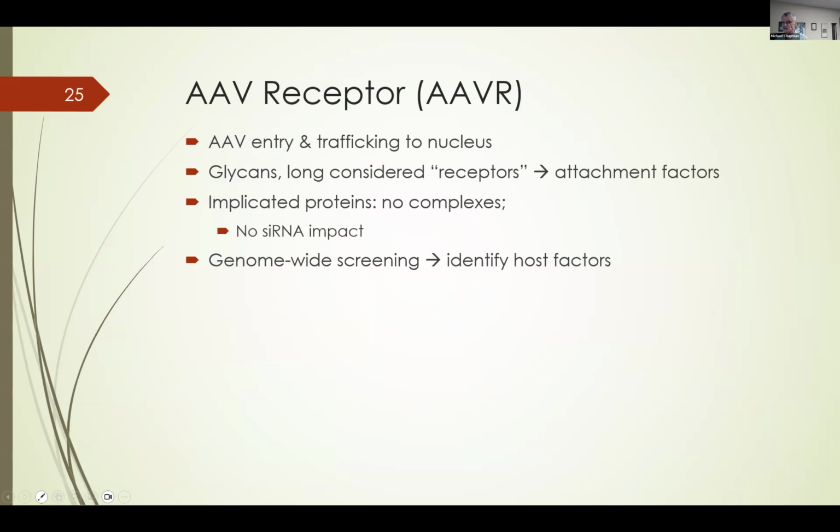After we determined the first crystal structure long ago, glycans were considered to be the entry receptors, but our research demoted them to the role of attachment factors. By this time, several other proteins had been implicated in the literature, but our structural studies made no progress, and we weren't able to establish their role through siRNA inhibition. And this led us to re-examine the whole question through genome-wide screening for cellular genes essential to viral transduction.